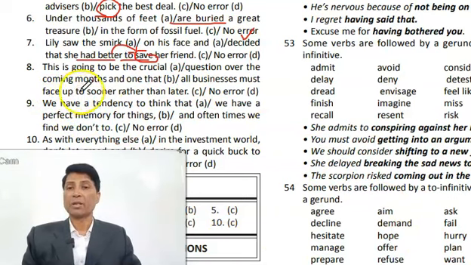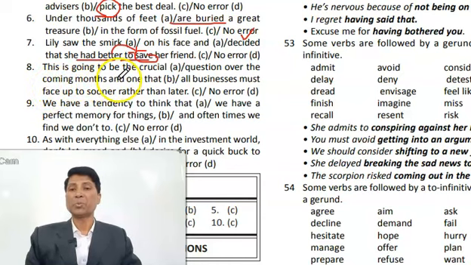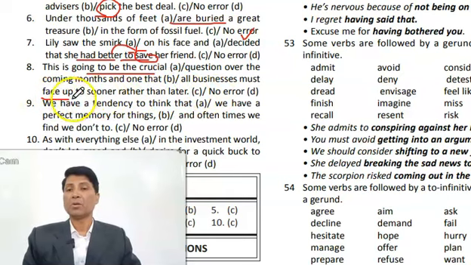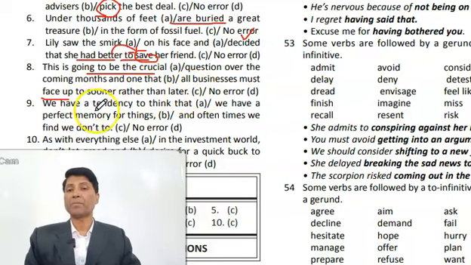Question number 8. This is going to be the crucial question over the coming months, and one that all businesses must face up to sooner rather than later. Let us understand it once again. This is going to be, so here to be is okay. All businesses must face up to sooner.